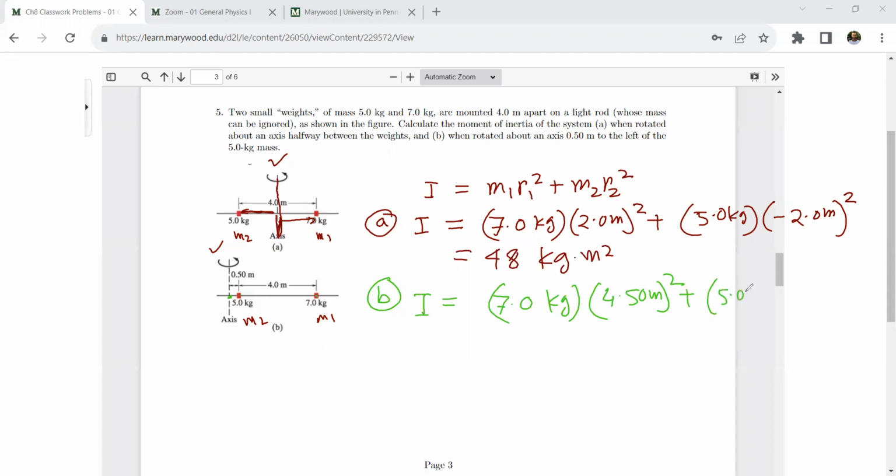For M2, it will be just 0.50 meter. So then it will give you 143 kg meter square. Okay, so you see that when you change the axis of rotation for the same system, the moment of inertia changes. Okay, all right.